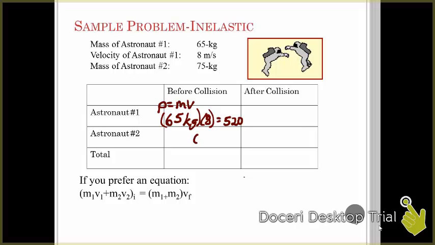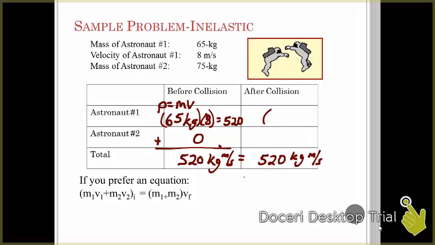Astronaut 2, he's the one that's stuck there. So he's got no momentum, or in other words, a momentum of 0. Add those two values up, you get a value of 520 kilogram meters per second. The law of conservation of momentum tells us that those values before and after have to be equal to each other.